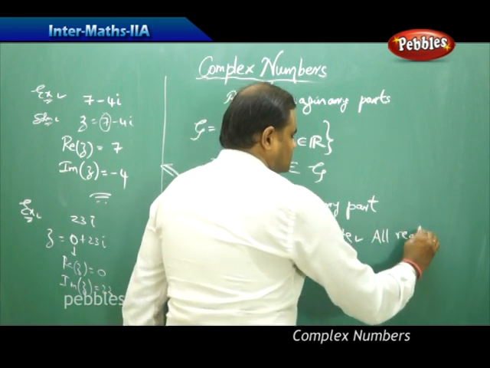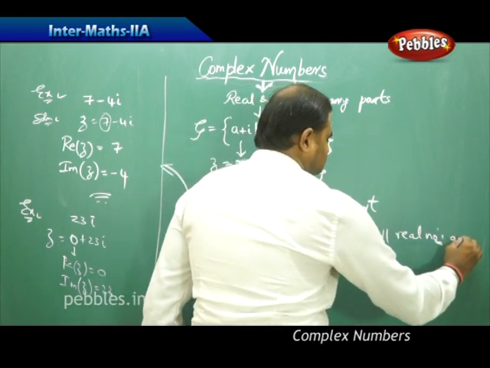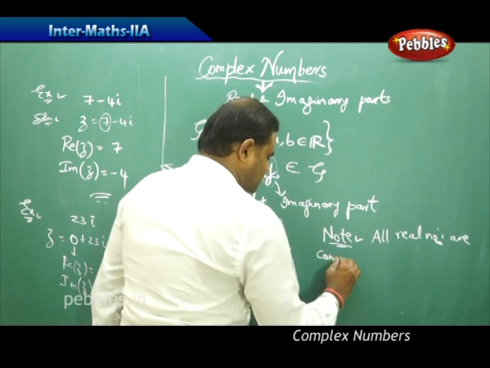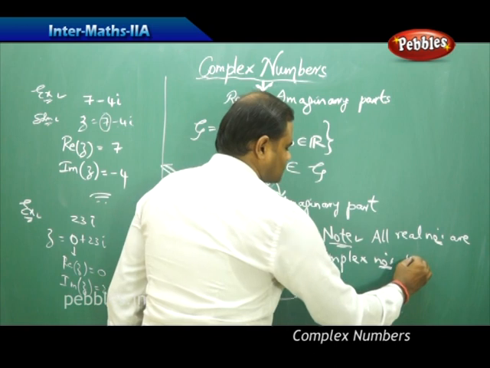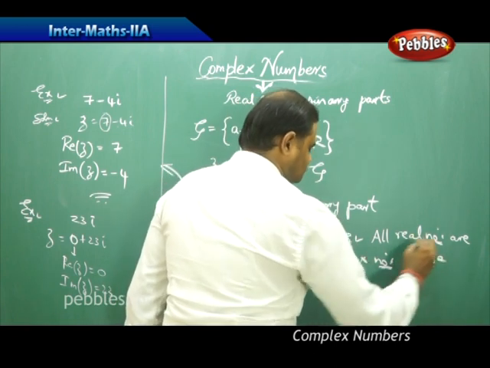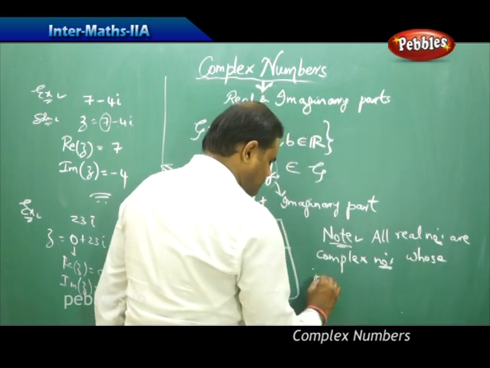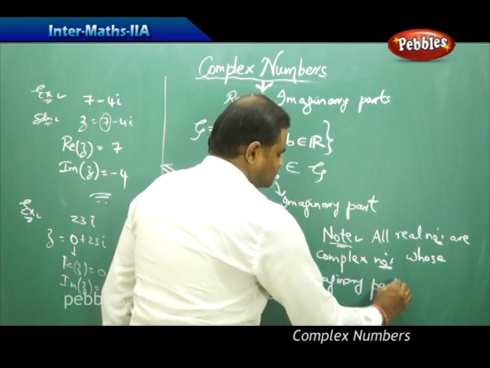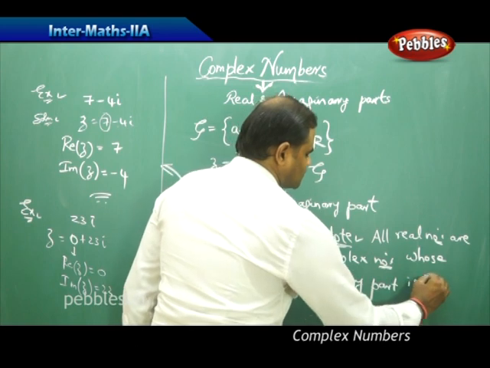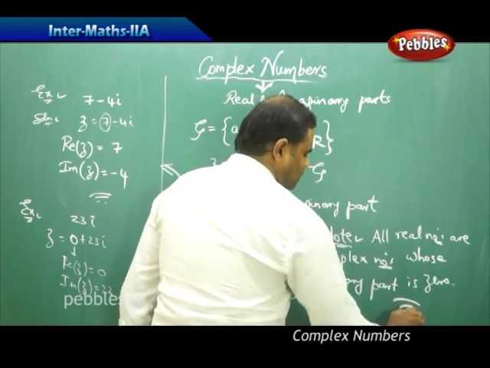all real numbers are complex numbers whose imaginary part is 0, is how I conclude.